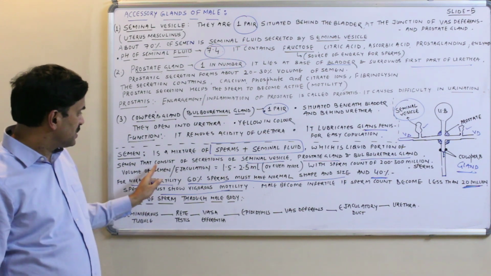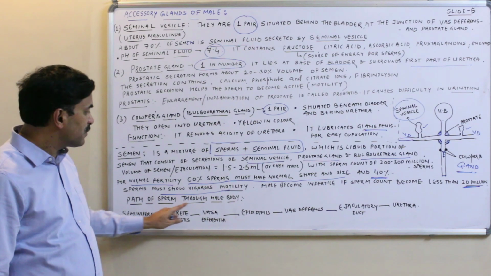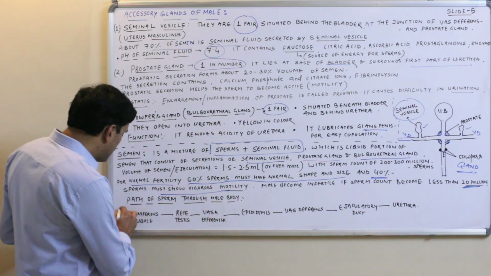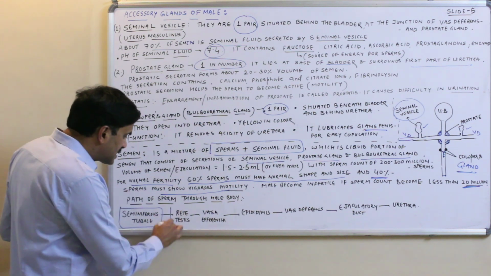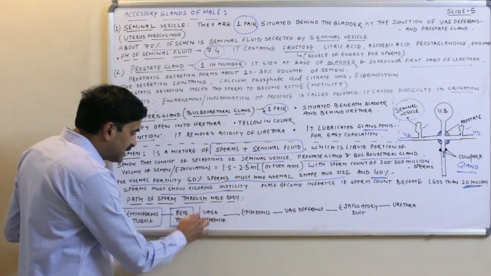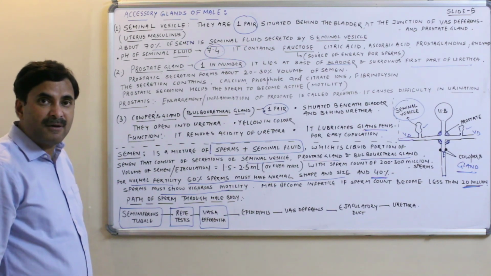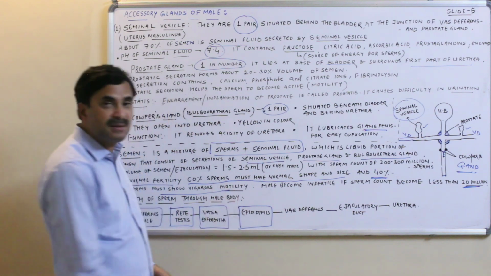So this is all about the semen. And what is the path of the sperm through the male body? You know very well that the sperm are produced by the seminiferous tubules. Seminiferous tubules open in the rete testis, which is a network-like area. From the rete testis, 15 to 20 tubules arise, known as the vasa efferentia. They carry the sperm towards the caput part of the epididymis.